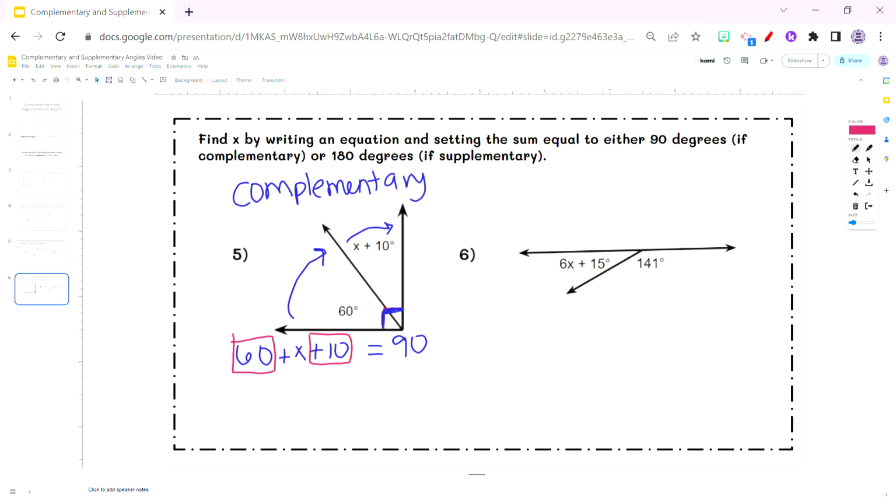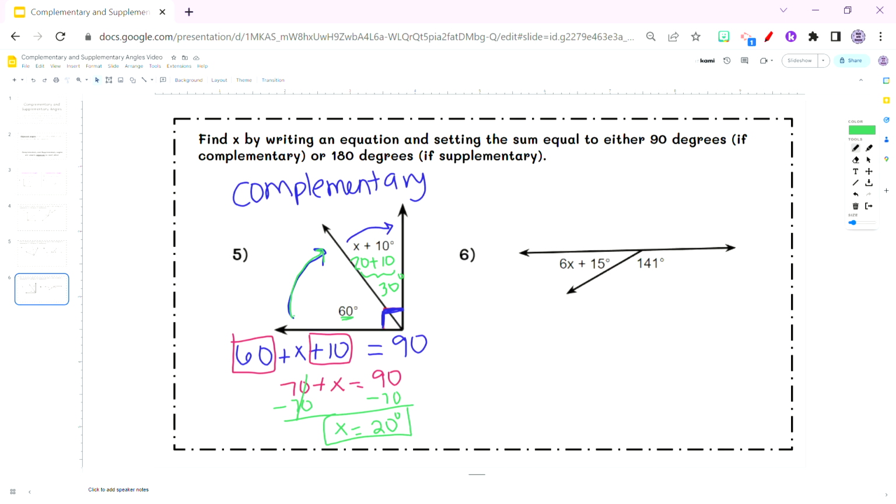So 60 plus 10 is 70, plus x is equal to 90. And then we are going to subtract 70 on both sides, and we get x is equal to 20 degrees. And if you go back and check, 20 plus 10, you end up with 30 degrees. So that angle is 30 degrees plus this other angle, which is 60 degrees. 30 plus 60 does get you 90 degrees.